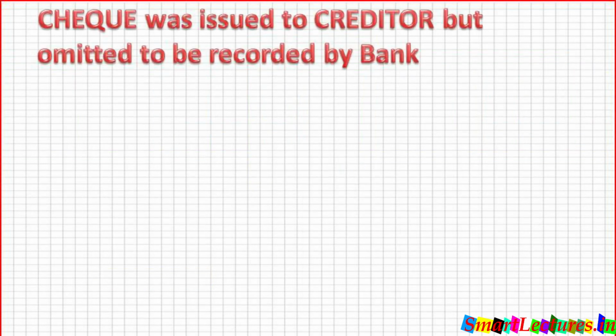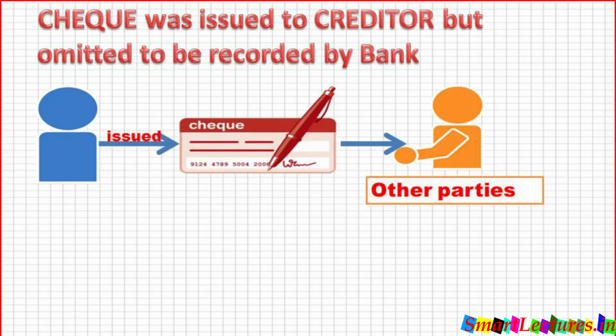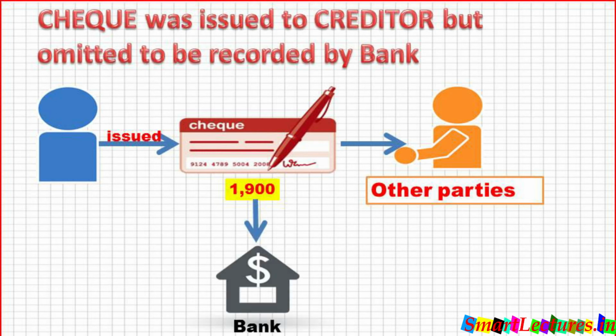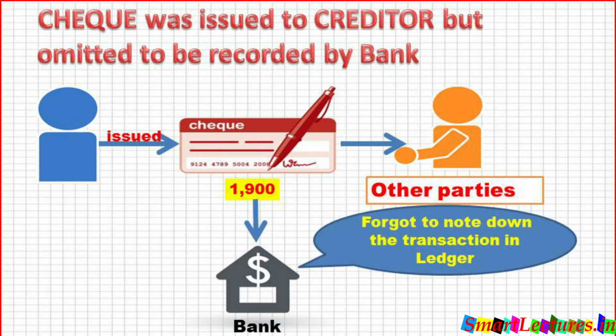Next, a check was issued to a creditor but omitted to be recorded by the bank. It means we issued a check to our party for 1900 and it was paid by the bank, but the bank forgot to note down this transaction in their ledger. That's why this entry is missing from the passbook.